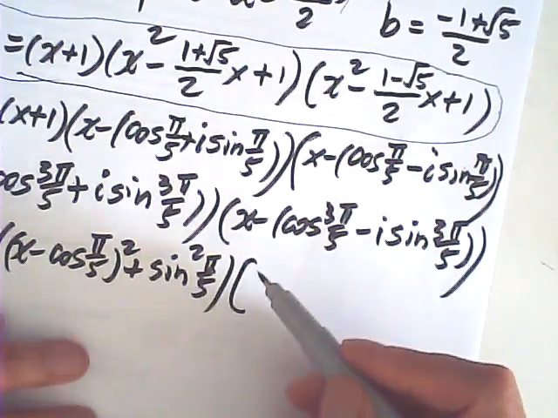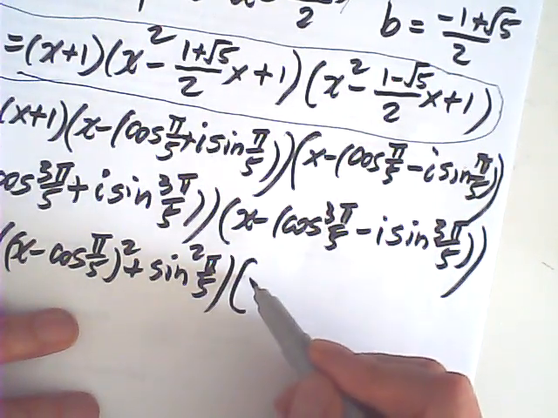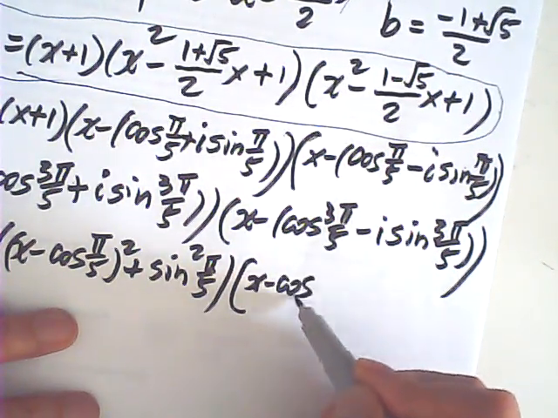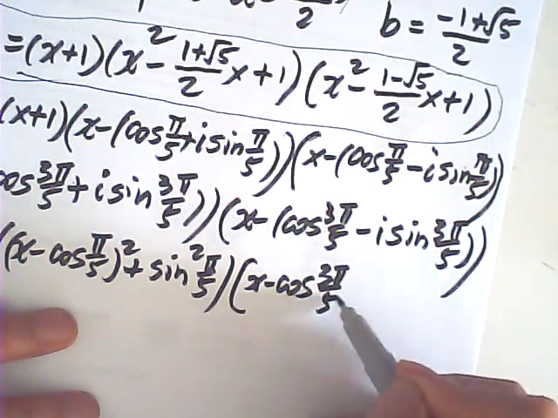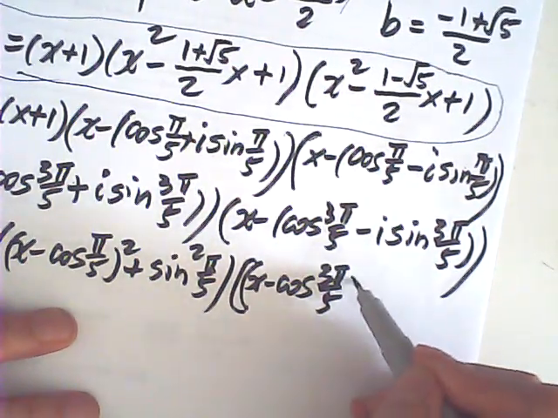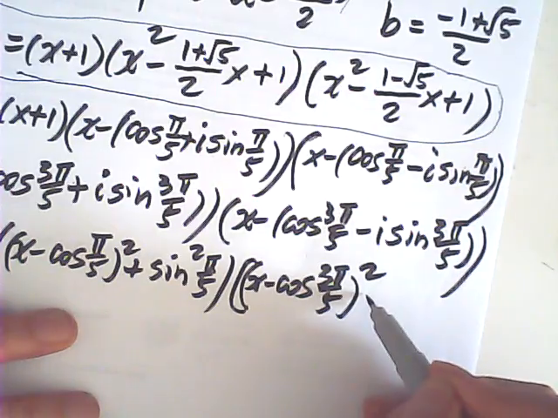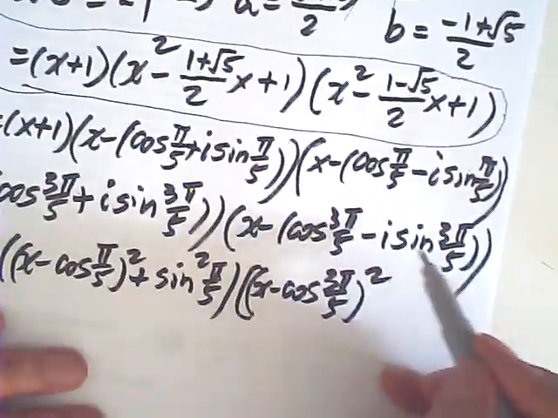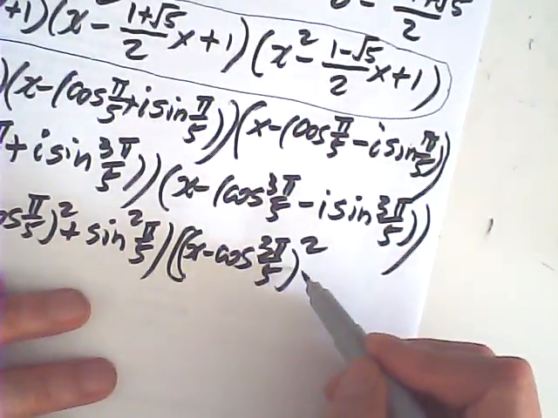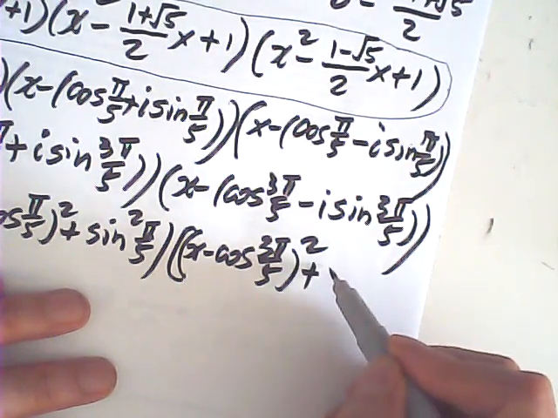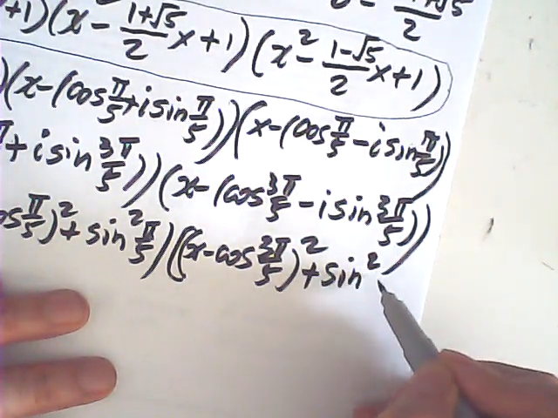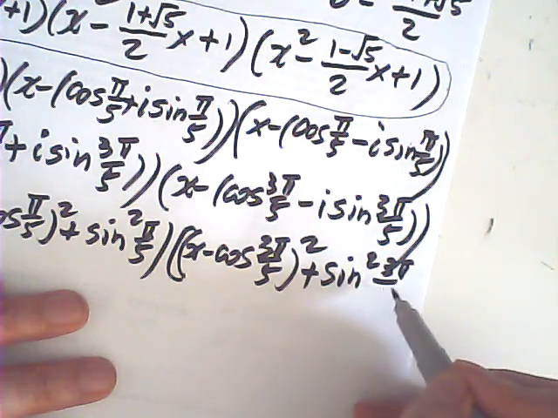For these two, x minus cosine 3 pi over 5 squared minus this squared, i squared is negative 1, so plus sine squared 3 pi over 5.